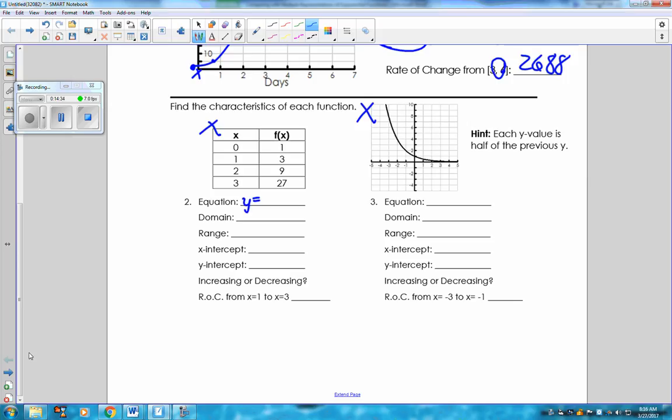What is a? 1. How do I find what goes inside the parentheses? Don't subtract the previous. Divide by the previous. So we're going to take any term.